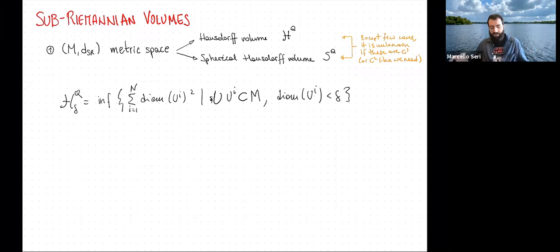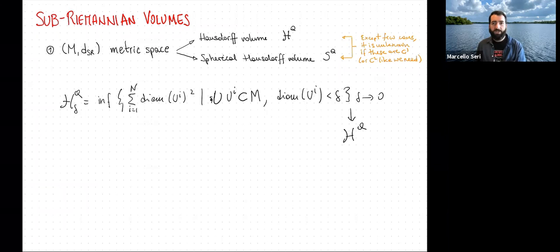So you have a sequence of measures that tells you basically what is the best covering of small balls that you can do of your set without making the sum of the diameters squared blow up too much. And then you take the limit as delta goes to 0 of this thing and you get a number, sometimes. And this is your Hausdorff volume. And the spherical Hausdorff volume is the same, but instead of the U_i being generic open sets, they are balls.